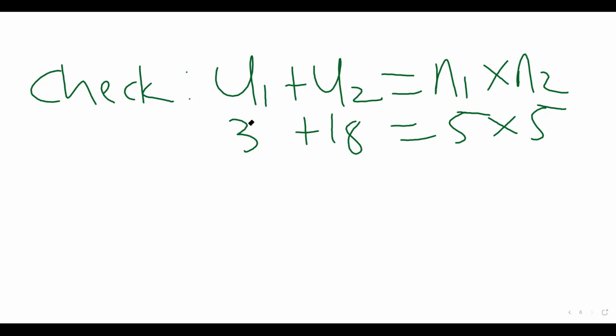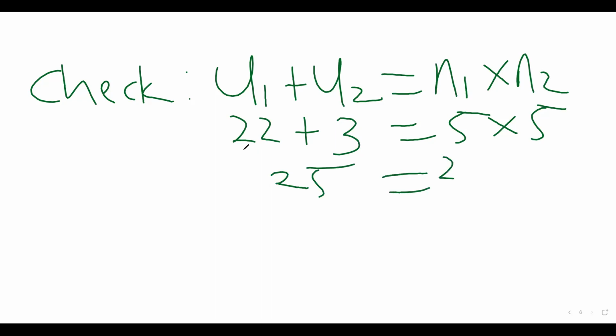We had 22 and 3. So our U1 is 22. Our U2 is 3. So this will give you 25. And this will also give you 25. Congratulations. Once you've done this, you know that your check is perfect.